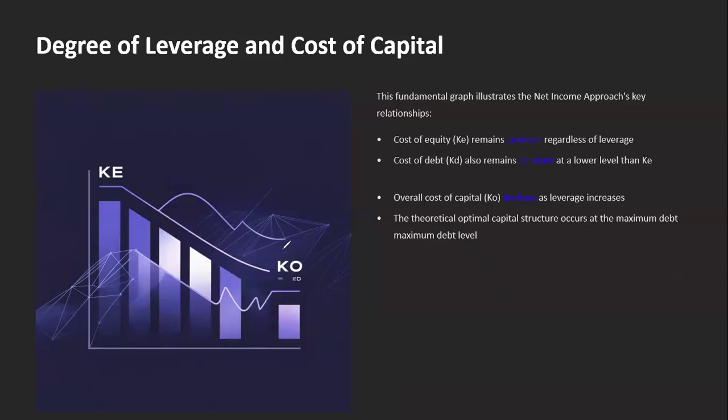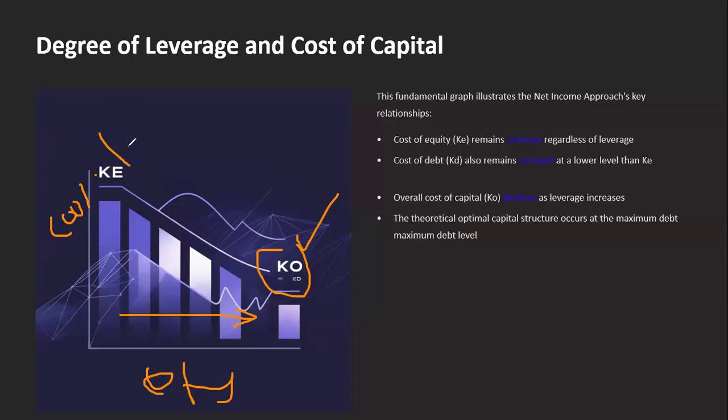So in this graph, the debt portion is on the higher side, and I should focus more on debt and avoid equity because the value of equity is high and value of debt is low.